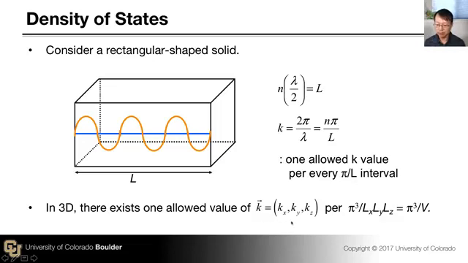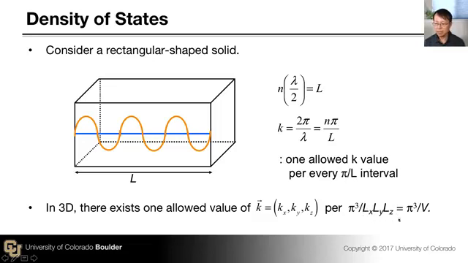What is the volume occupied by one allowed value of the k vector, a triplet of kx, ky, and kz? Well, that is simply given by the cube of this pi over L, because in each direction, kx, ky, and kz, you have an interval of pi over L sub x, pi over L sub y, and pi over L sub z, if these x, y, z dimensions are different.